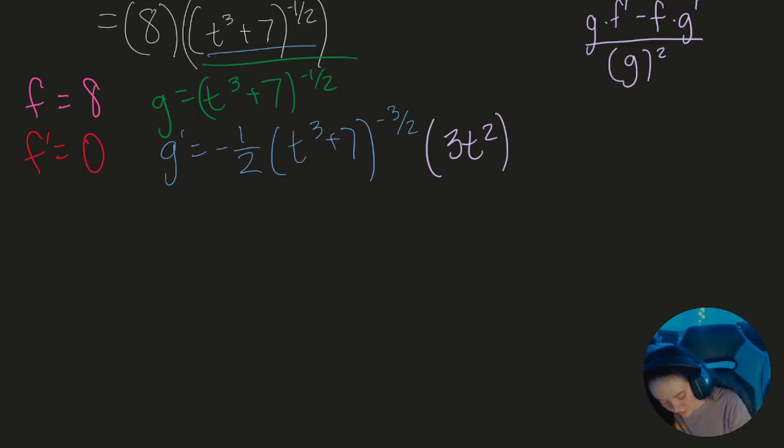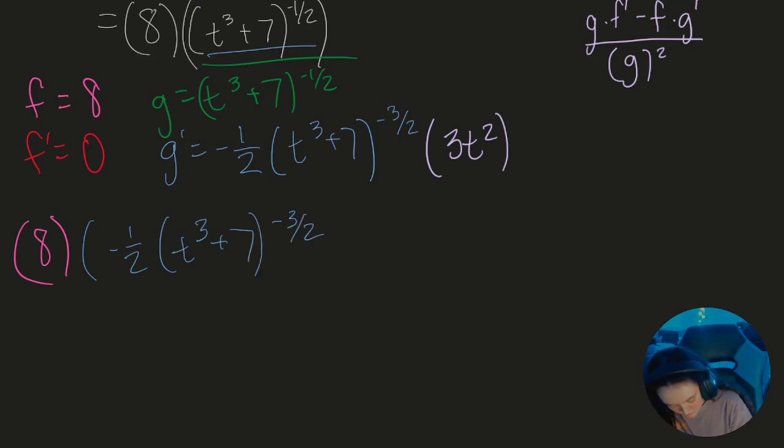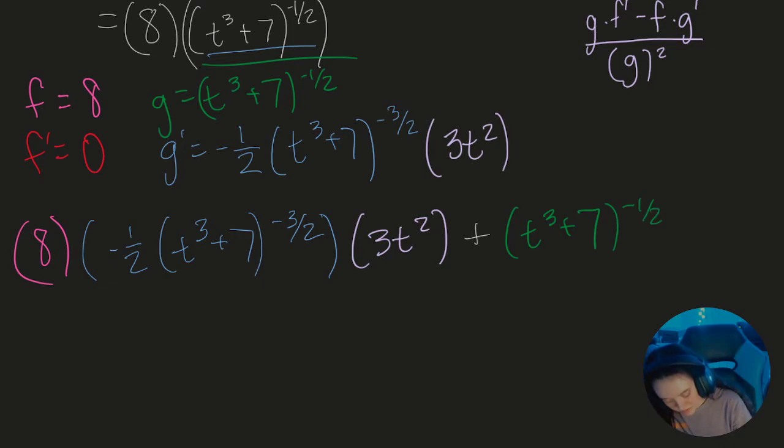So then we would have f times g prime plus g times f prime.